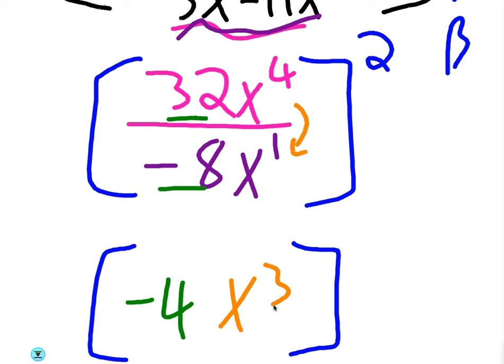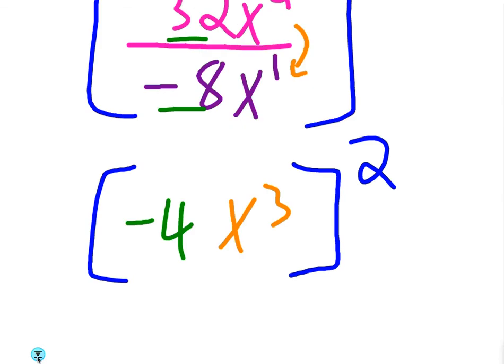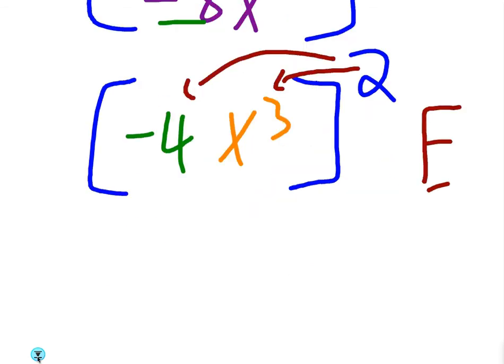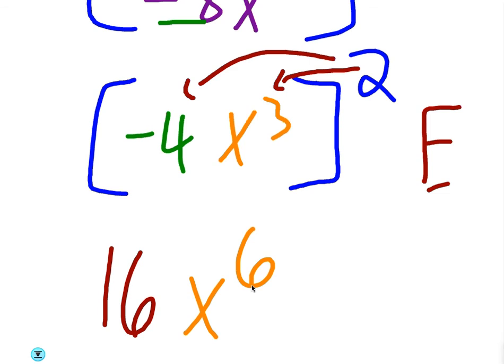And then we still just have the 2 on the outside. Now that we've done what's in the parentheses or the brackets, we can now move on to applying the exponent. So we're going to have negative 4 squared, which is 16, and x cubed squared. Okay. So as complicated as that seemed, it actually wasn't too bad.